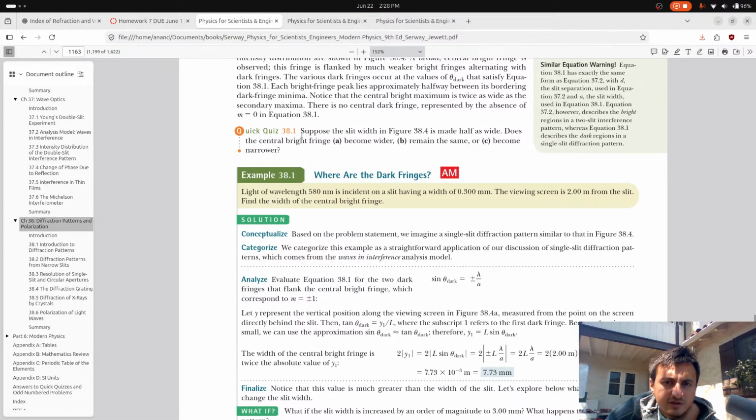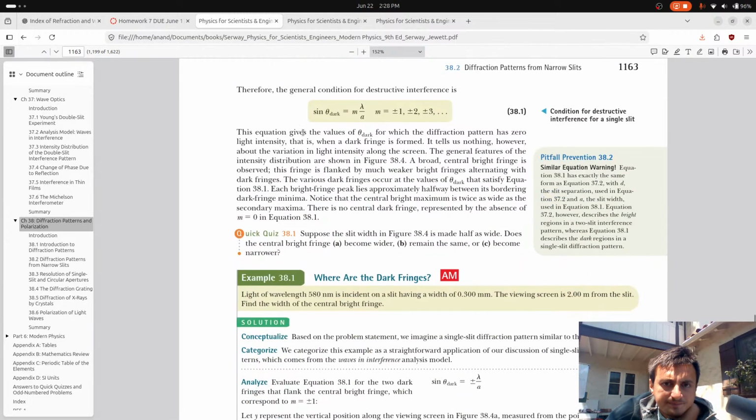Suppose the slit width is made half as wide. Yes, it becomes wider.